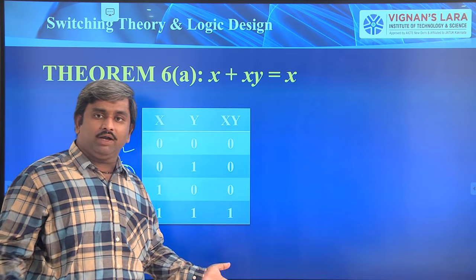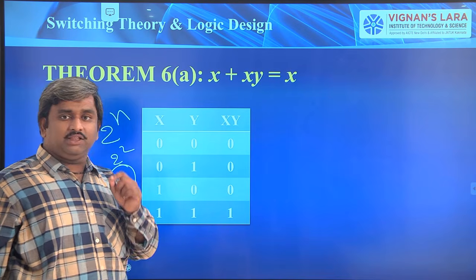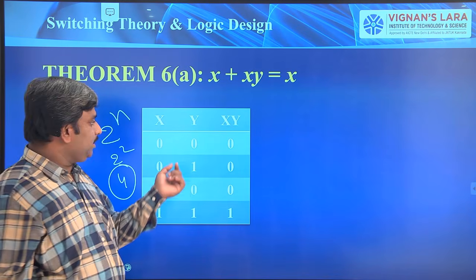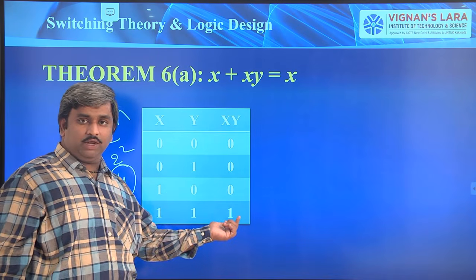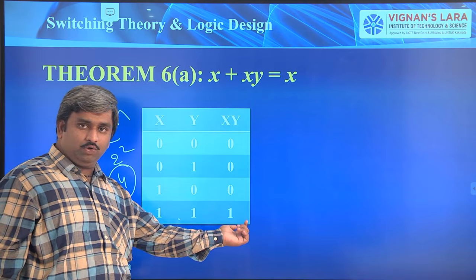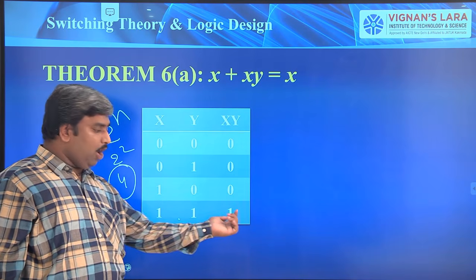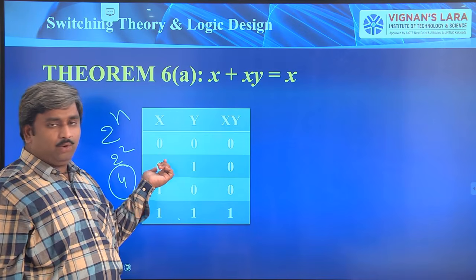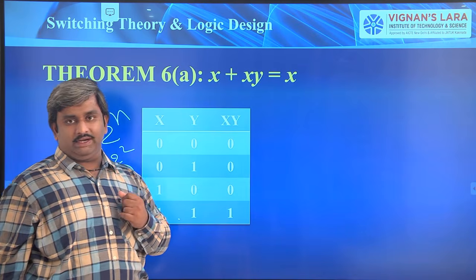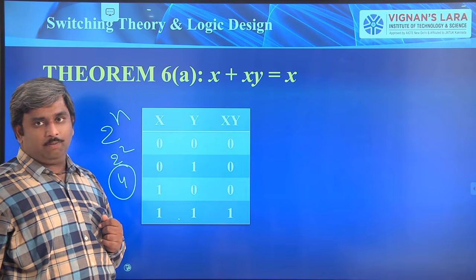Otherwise, in all the remaining conditions, the output is low. High is nothing but logic 1 and low is nothing but logic 0. If both inputs are 1, the output is equal to 1. If any one of the input signals is low, that is 0, the output is automatically 0. So this is the AND gate operation.